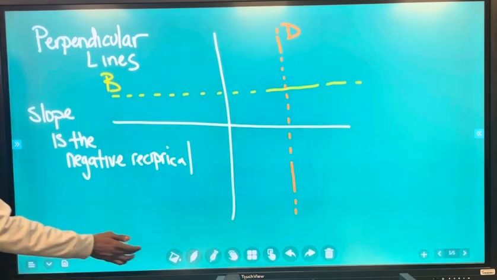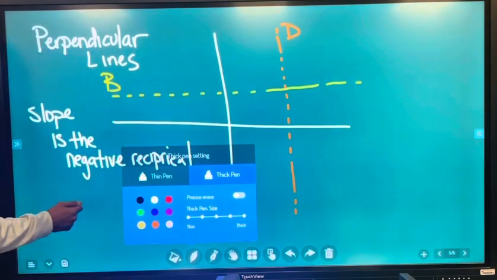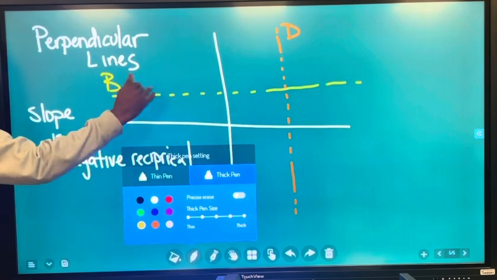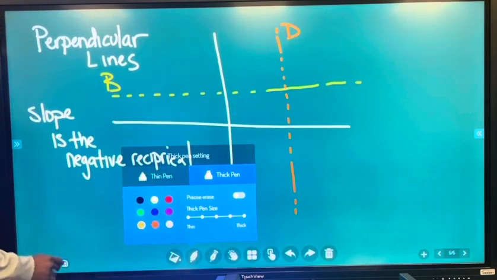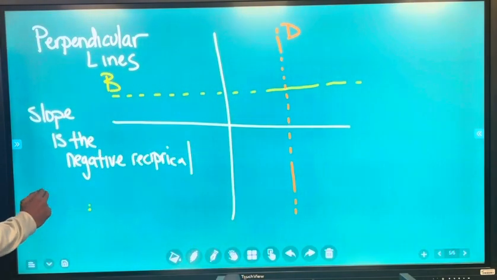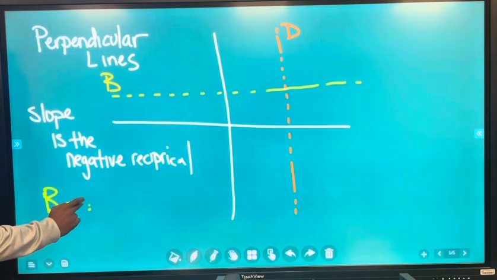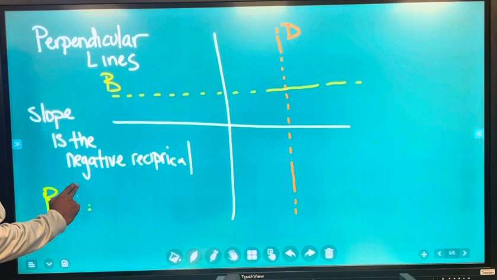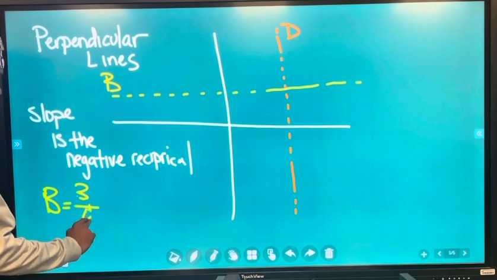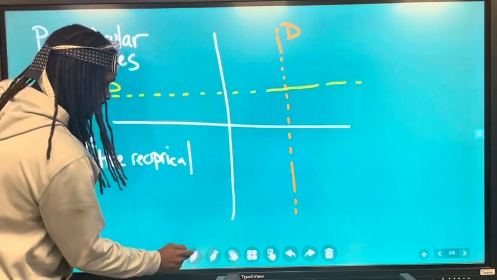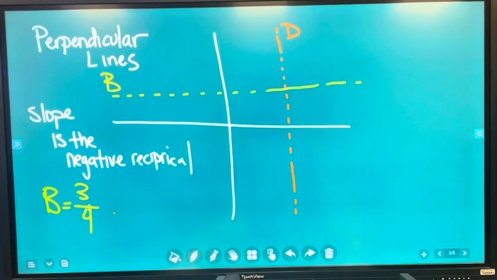So for instance, not in this case, because clearly the slope is 0 for B. I'm just going to use an example. Let's say you had a line B, and the slope for line B was 3 over 4. That means the negative reciprocal.